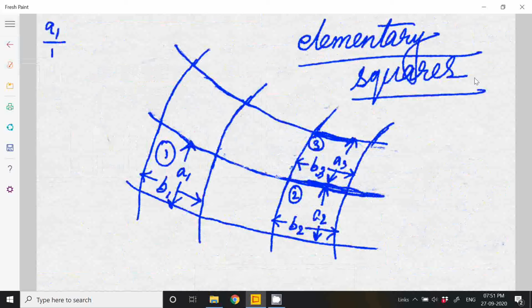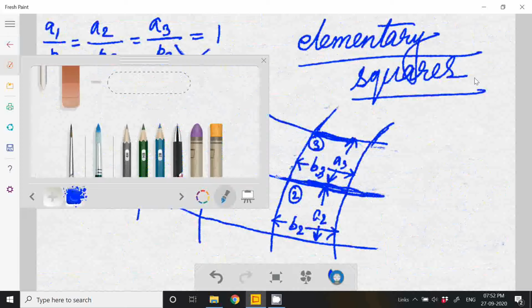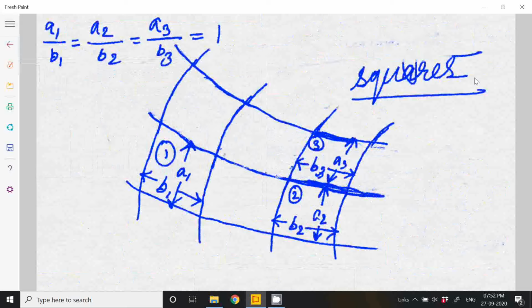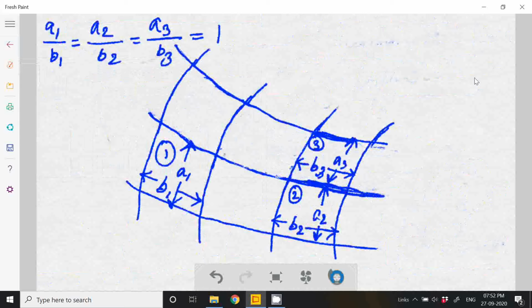Then a1 by b1 is equal to a2 by b2 is equal to a3 by b3 equal to 1, because they are squares, right? So the sides will be equal. The fields are assumed to be squares, so the ratio will be 1.